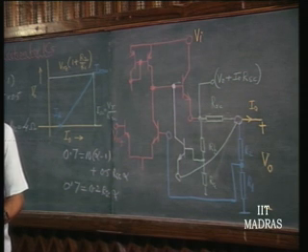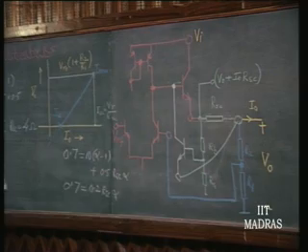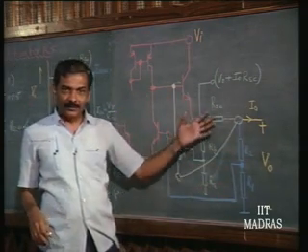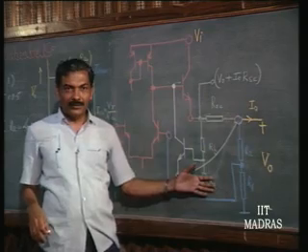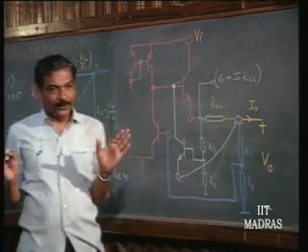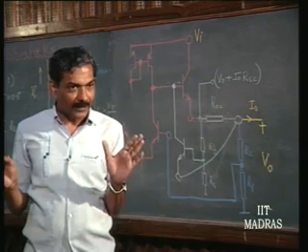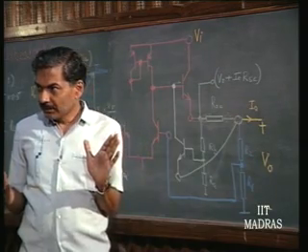Sir, can't we make alpha greater than 1 by putting an amplifier there? Yeah, but we would like to have this as a passive structure. Any amplifier, any protection circuit, you have to make it purely passive as much of it as possible, right.